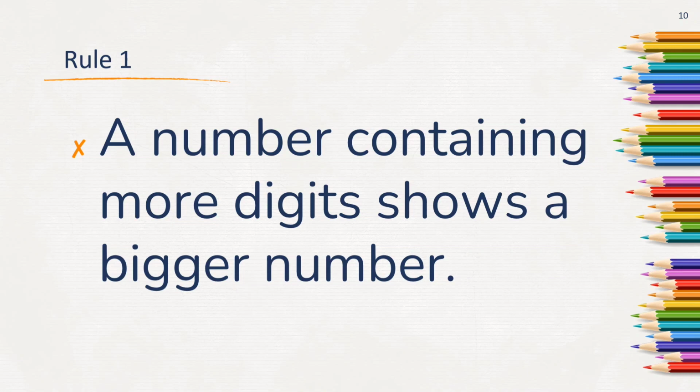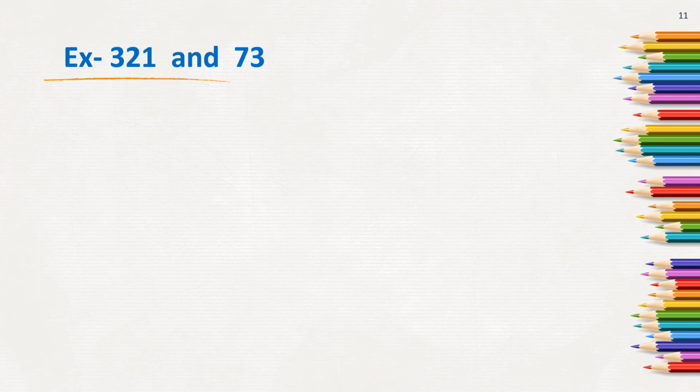Look at an example here. 321 and 73. So here 321 is a 3-digit number and 73 is a 2-digit number. So we can easily say 321 is greater than 73 because it is a 3-digit number, right?